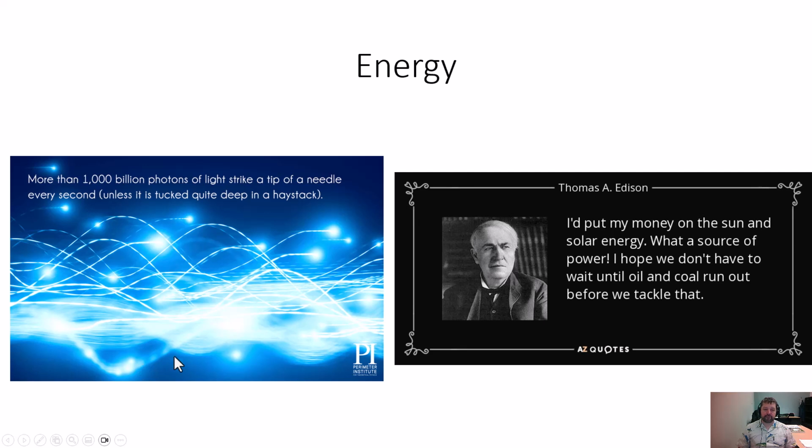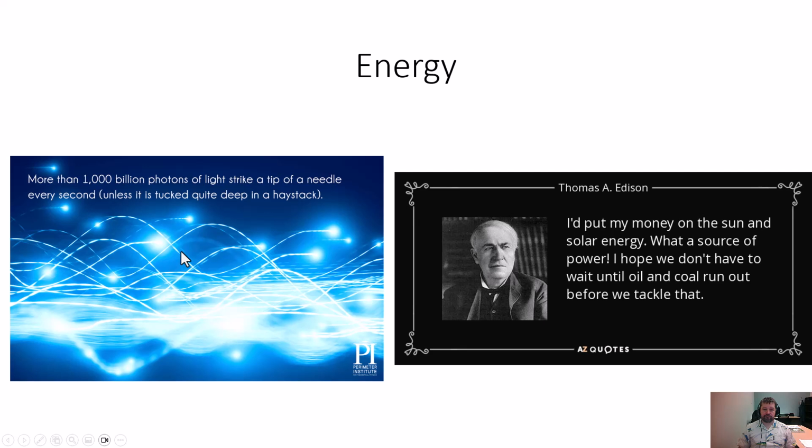Some people have claimed that if we put all these solar panels out on the planet, we're going to use up all the energy from the sun, and we won't have any energy from the sun to heat the planet or anything like that. It's just not true.